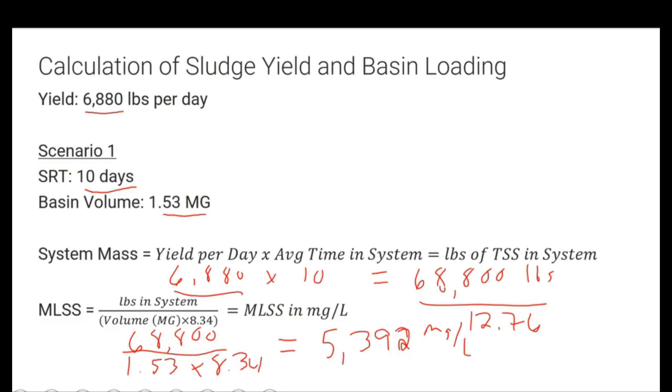Sweet. And then, just as a rough estimate, that's roughly 80% of the TSS. That let us know we were in the right ballpark. Well, that and just doing the formula. But 5,504 would be 80%, so we're pretty close at 5,392, about 79%.